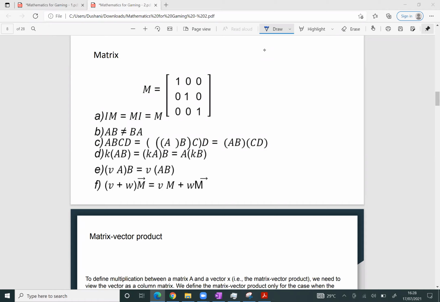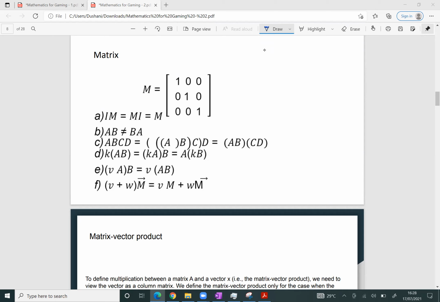The horizontal and vertical lines of the entries in a matrix are called rows and columns, and the size of the matrix is defined by the number of rows and columns that it contains. We can perform certain operations on matrices.